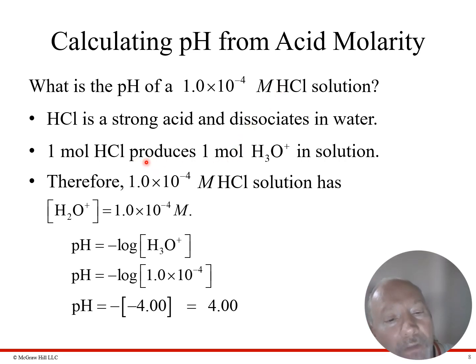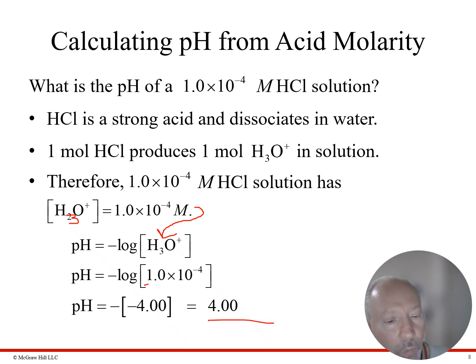We know 1 mole of HCl produces 1 mole of hydronium cation in solution. There was a small typo here: that should be H3O+ equals 1.0 times 10 to the -4th molar. We plug that in as the hydronium concentration, take the log of that, we get -4 times -1, and we get 4.